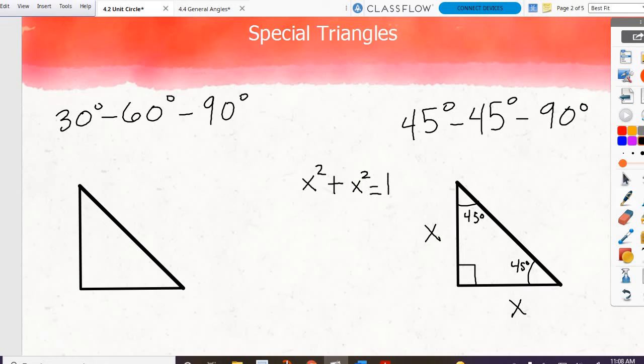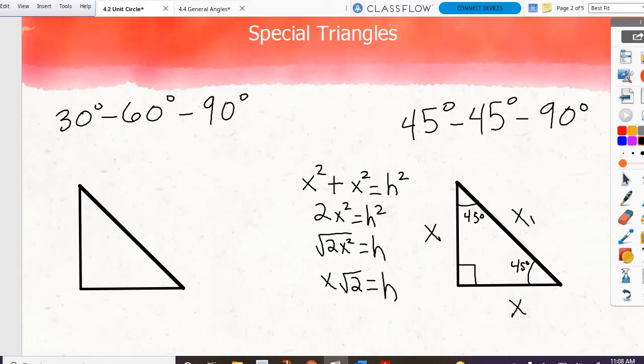It equals the square root of x squared plus x squared. So how many x squares do I have? And then what do we do? Well, what is the square root of x squared? Can I simplify the square root of 2 though? Nope. So those are our formulas.